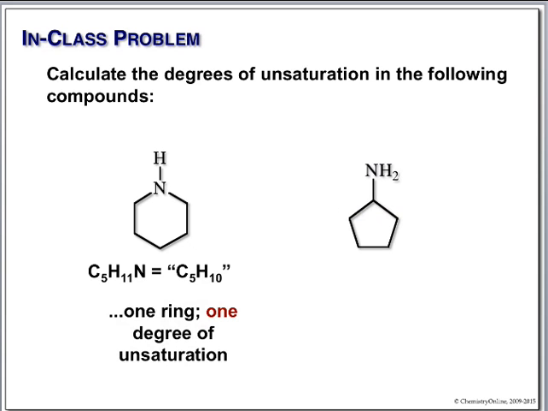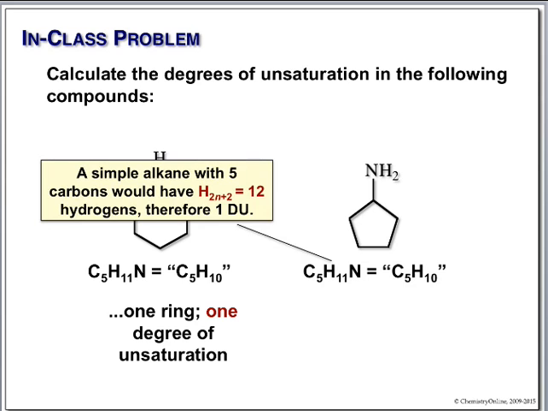Here we have an amine, just with an NH2 hanging off. We're going to do the same thing. We have 5 carbons. We have a nitrogen. We have 11 hydrogens. Subtract the nitrogen and 1 hydrogen, and still we have 1 DU.